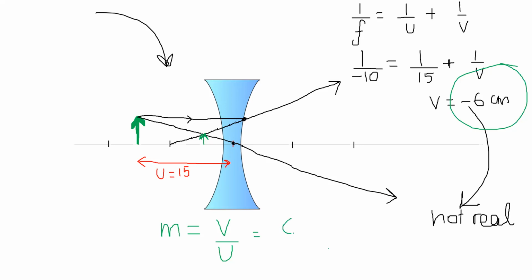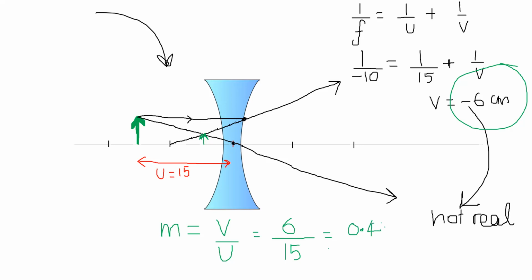The negative, no need. Negative just show it's not real. Divide by 15. Are you following me? So how much? So divide by 352. I'm getting 0.4. Which means I'm getting 0.4 times.